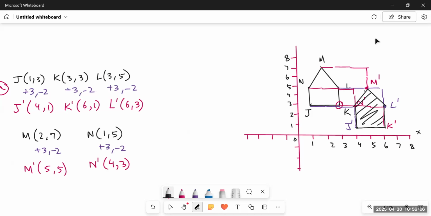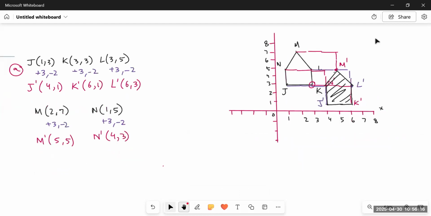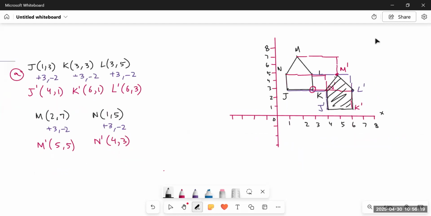Now we have to use the grid to check whether the coordinates in part A for the vertices are correct or not. So let's see whether the coordinates that we found in part A match the coordinates on the grid. If we look at J dash, it would be (4, 1). You see? This point is (4, 1) and it's already there. It means this one is correct.